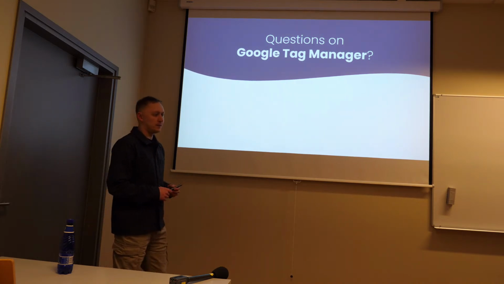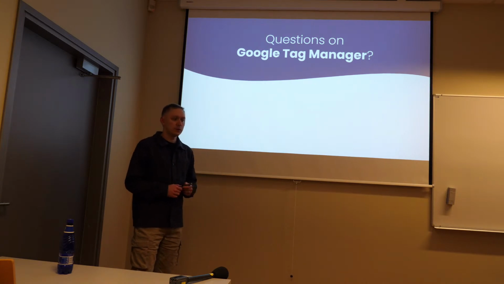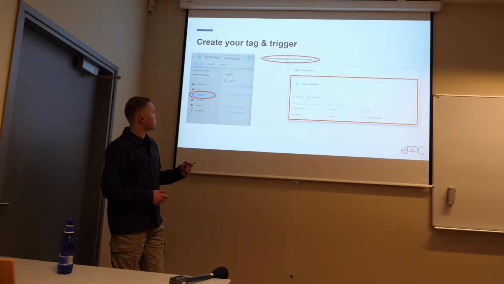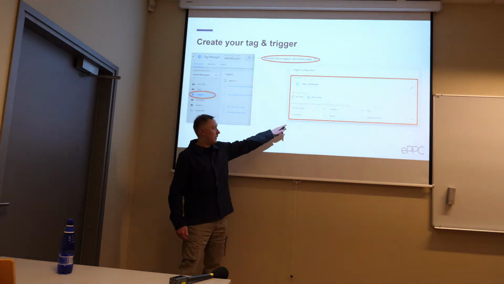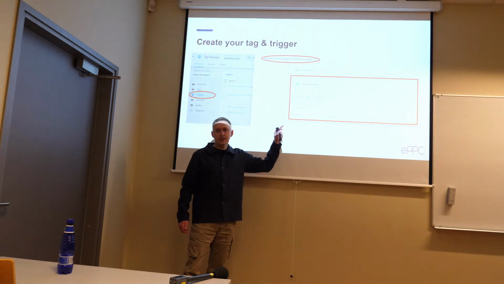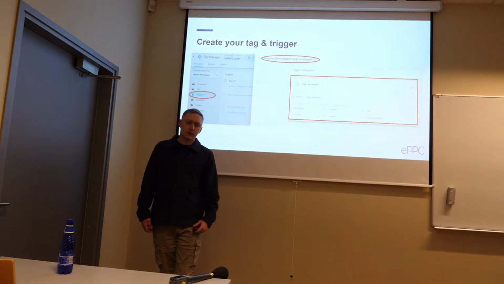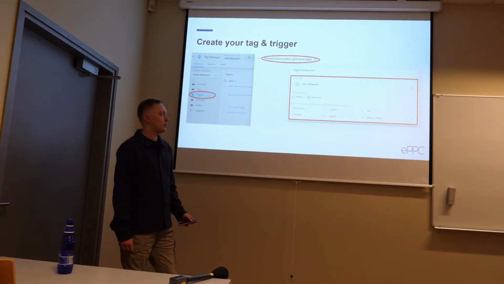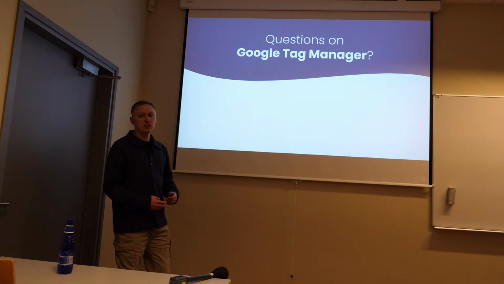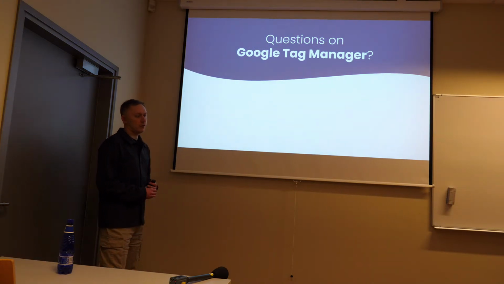So for German sites, I put the consent given condition here, and they only track these things. But usually I try to track everything, because it's just not good if you lose out on so much data.